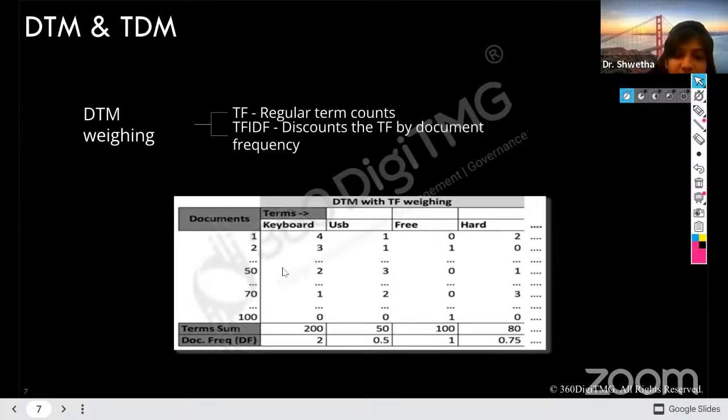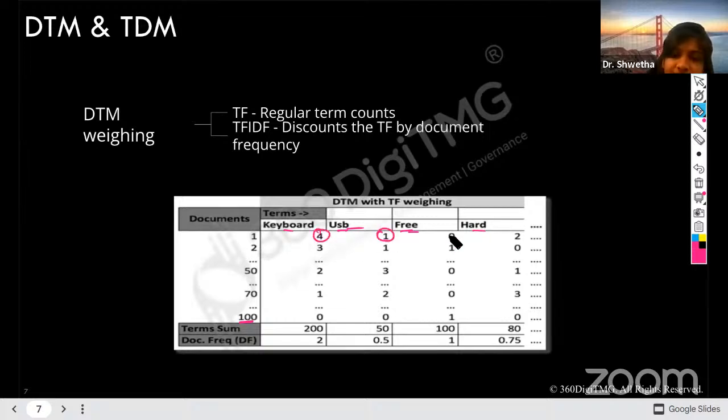Now, say there were 100 documents. In that, there were many tokens of words: keyboard, USB, free, hard, and so on.